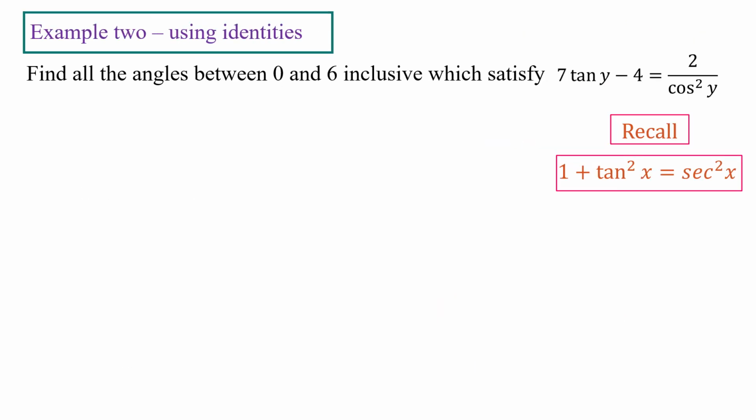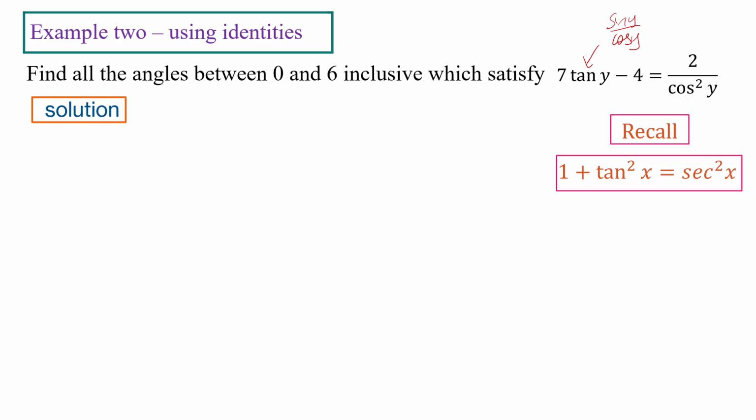Let's look at example 2, where we need to use the identity to solve these questions. 7 tangent y minus 4 equals to 2 over cos squared y. Many of you may be tempted to use the ratio identity to write tangent y as sine y over cos y, because of the fact that on the right hand side we have 2 over cos squared y.